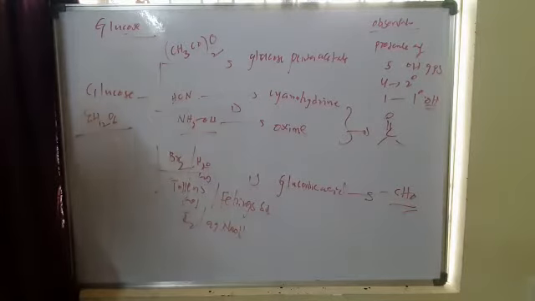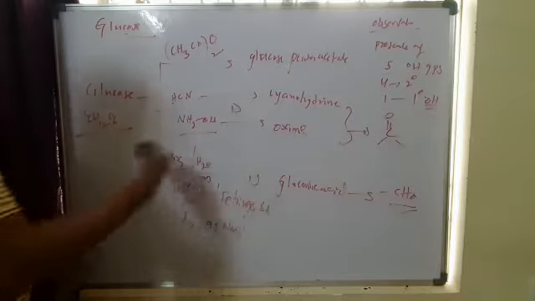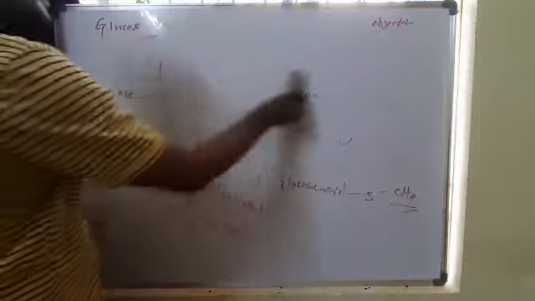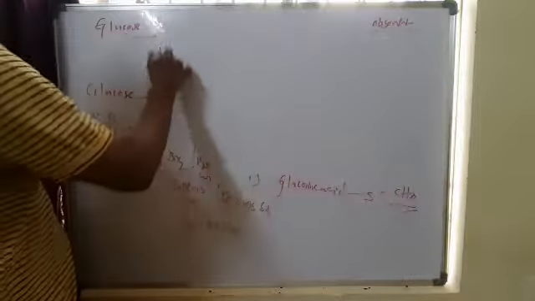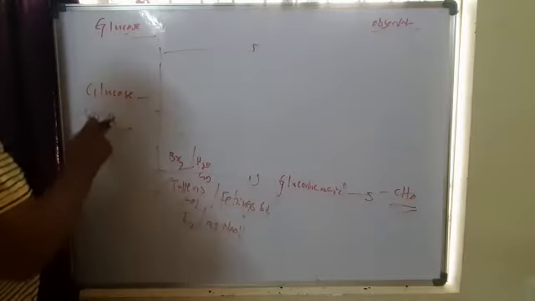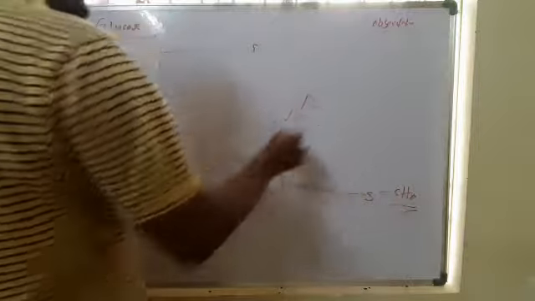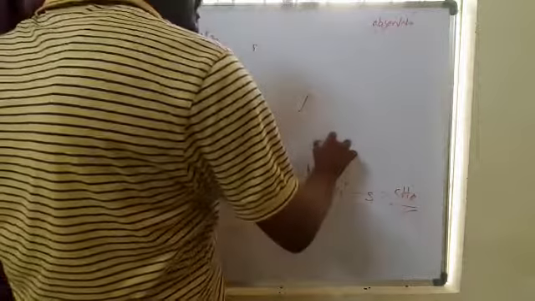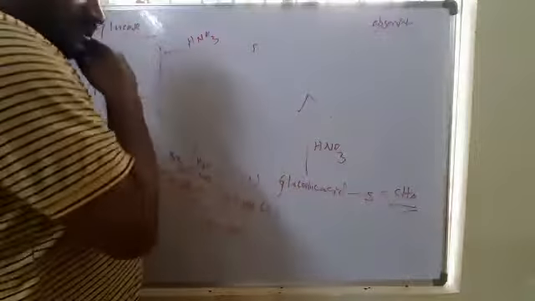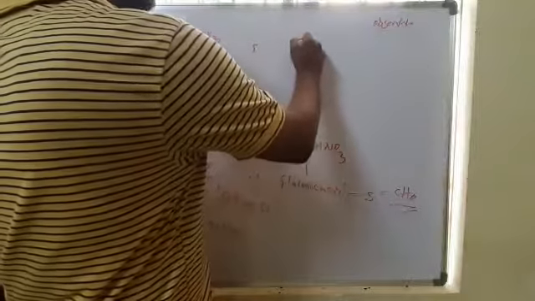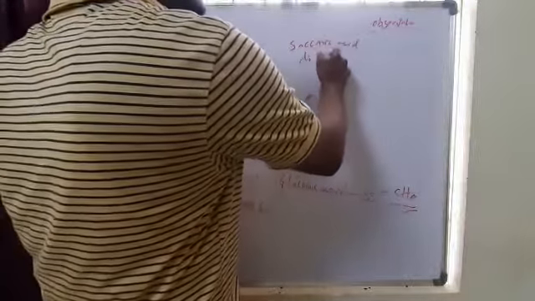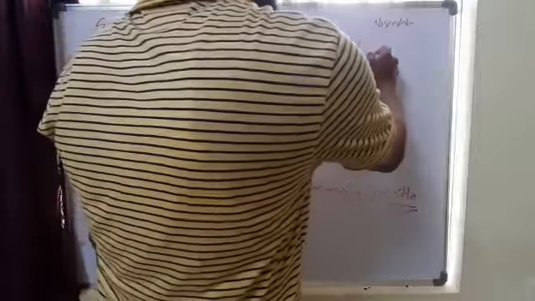Next, these are mild oxidants. If glucose, or even gluconic acid, reacts with a strong oxidant like HNO3, nitric acid, they form saccharic acid, which is a dicarboxylic acid.